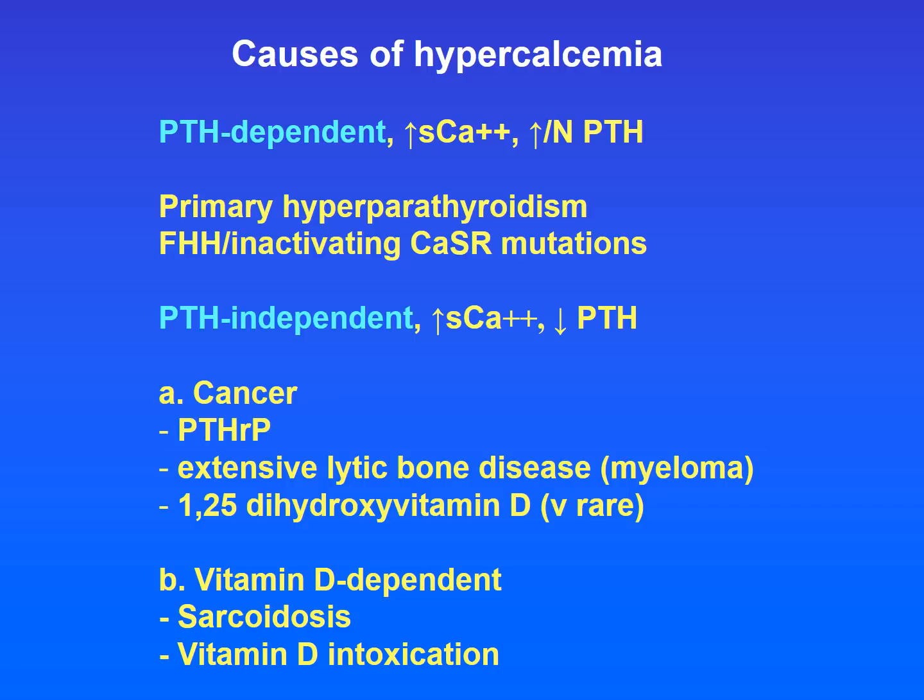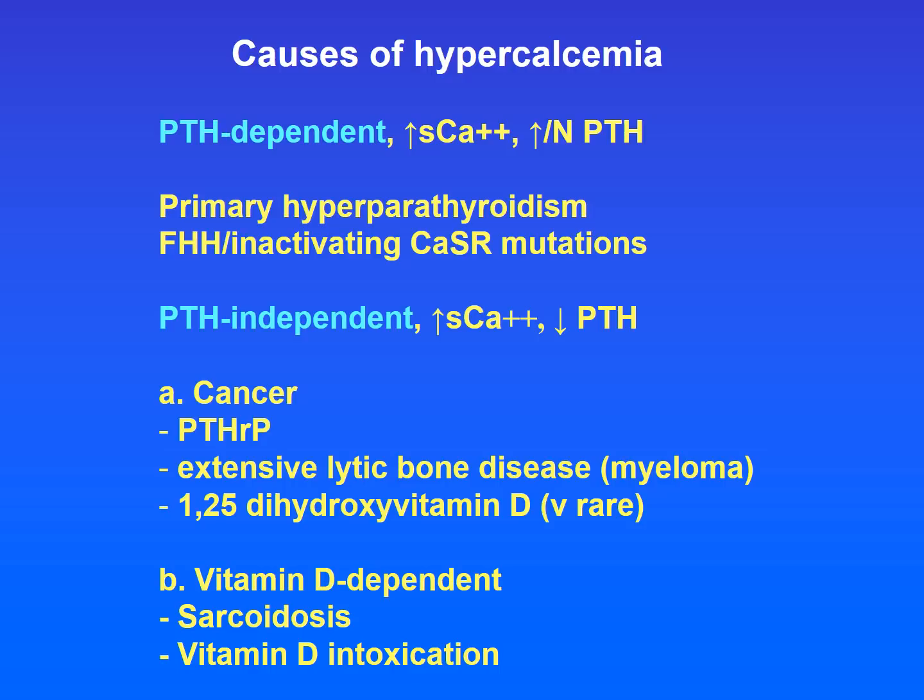More commonly in the vitamin D dependent parathyroid hormone independent hypercalcemic syndromes is granulomatous disease, and specifically sarcoidosis, where again the granulomatous disease has the ability to elaborate the 1-alpha hydroxylase enzyme, which converts the 25-hydroxyvitamin D precursor to the 1,25 active moiety, which stimulates gut hyperabsorption of calcium.